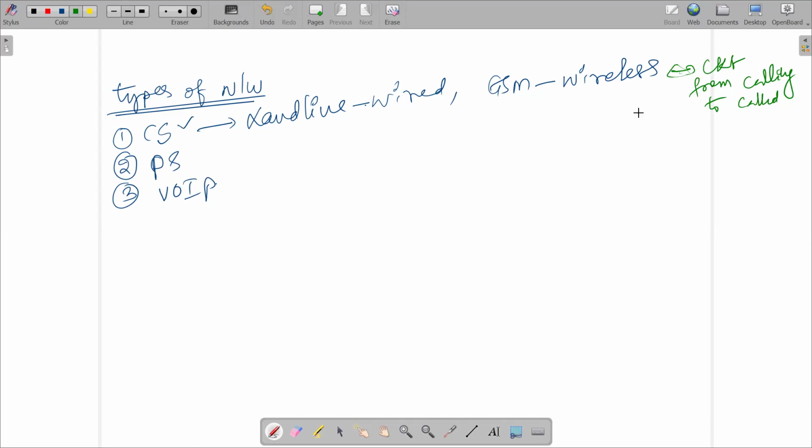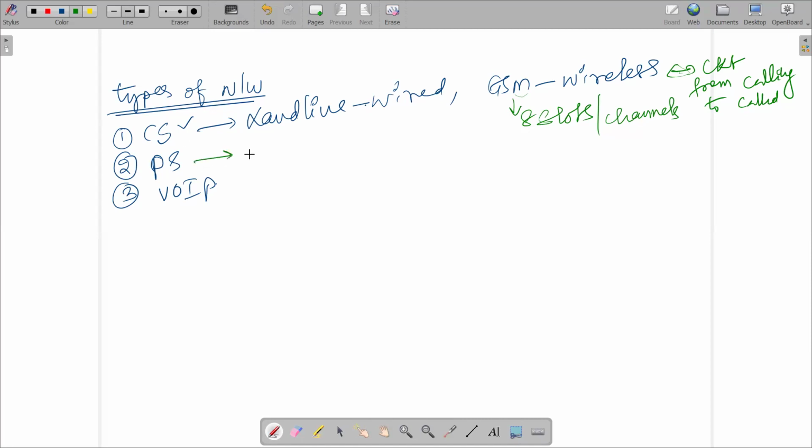When it comes to wireless, the number of channels available on the particular base station. Of course, GSM it is fixed. 8 channels will be there, or you can say 8 slots, or you can call them channels. So only 8 people can talk simultaneously.